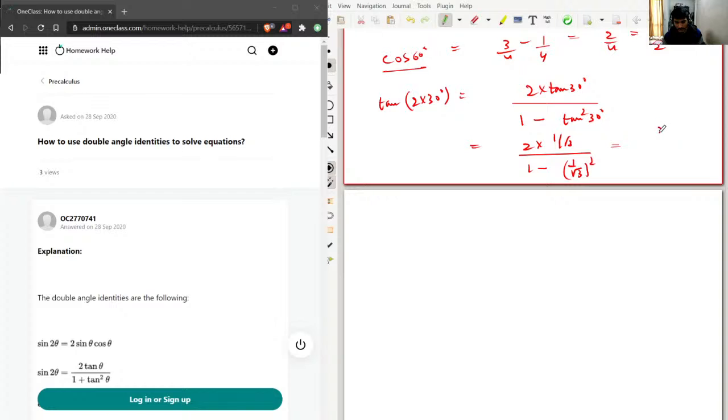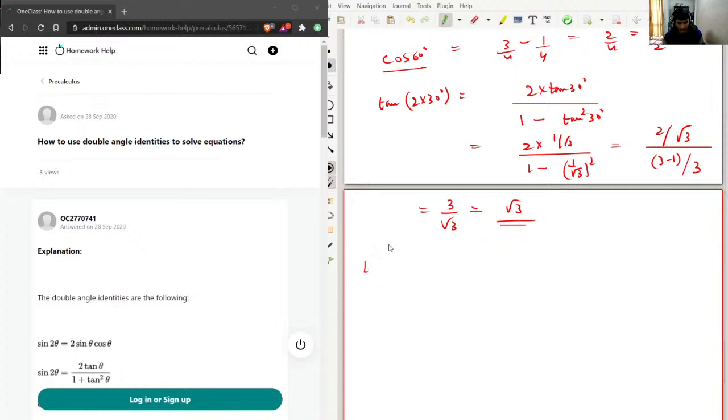This will become 2 over square root of 3 over 1 minus 1 over 3. I'll take the LCM, so this will become 3 minus 1 over 3. The 2 can get cancelled here, so this will be 3 over root 3, or root 3.